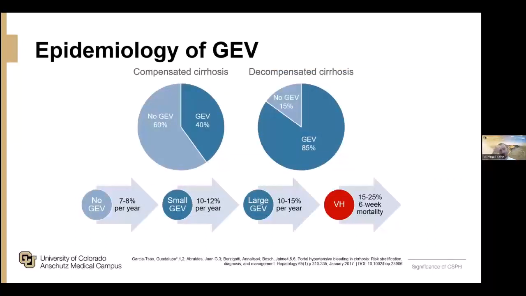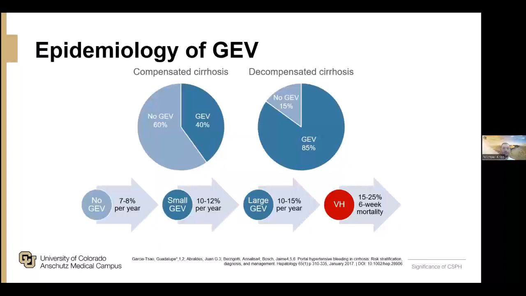Now, when it comes to varices, we know that in our compensated cirrhotics, so those patients who we're most interested in intervening in their clinically significant portal hypertension, 40% will actually have varices. Once those patients develop additional decompensation, 85% will have varices. And when we look at the progression, patients develop varices at a rate of 7 to 8% per year.